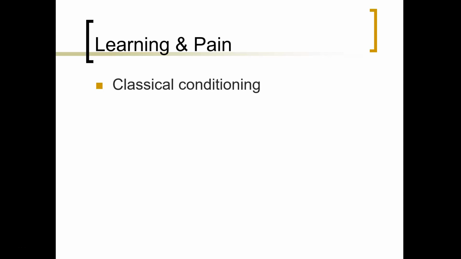Now, some people get early symptoms of migraines. They might start to get dizzy, or they experience kind of an aura before the migraine really hits them. That dizziness, which is a mild symptom, or the aura, which is a mild symptom, becomes a conditioned stimulus. It's signaling extreme pain that's to come.